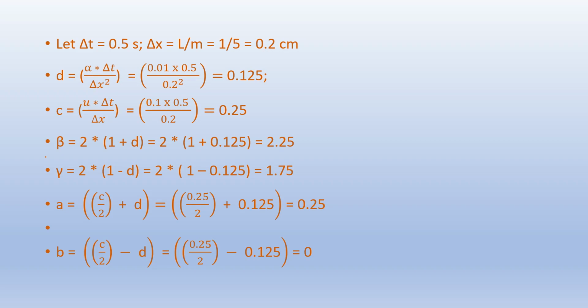Let delta t equal 0.5 seconds. Delta x equals L over M equals 1 over 5 equals 0.2 centimeter. We can calculate d, c, beta, gamma, a and b, all these parameters as shown here.